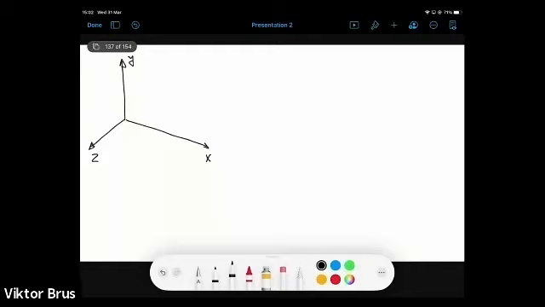So we consider that in this case, the electric field vector is oriented along axis y, the magnetic field vector along axis z, and its direction of motion, the velocity vector, call it c, is along axis x.